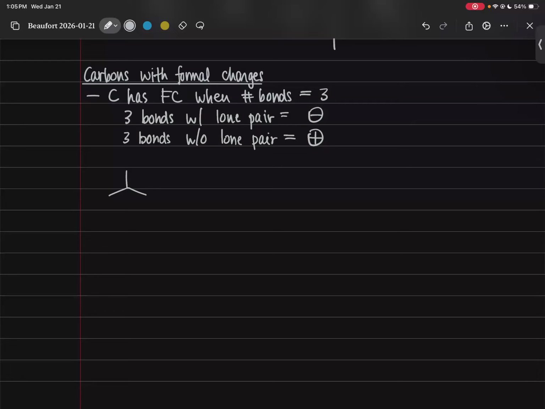One. Because there's 3 carbons on the outside that all have a bond to the central carbon, so that's 3. But for neutral carbon, we got to have 4 bonds, and so one of them has to be to hydrogen.